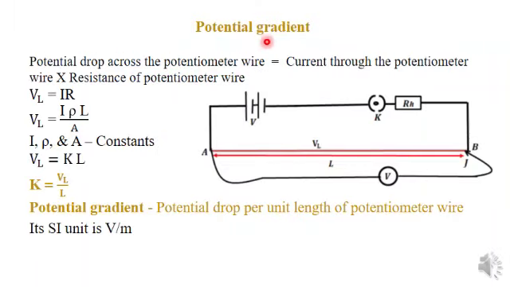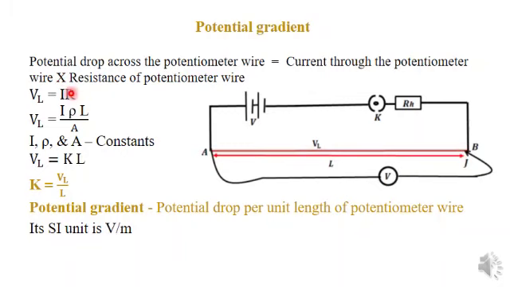Potential gradient. The potential drop across the entire length of a potentiometer wire, that is VL, equals the current through the potentiometer wire I into the total resistance of the potentiometer wire R, that is VL equals I into R. This is according to Ohm's law.